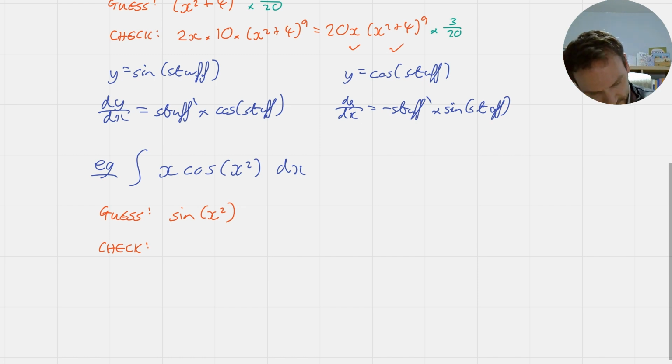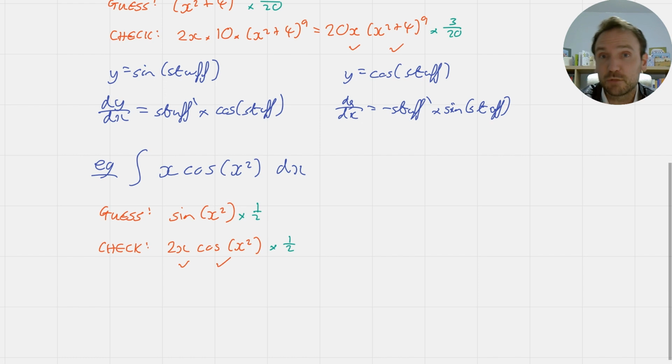We're going to get stuff differentiated, which is 2x, times cos of x squared, which is really pretty close to what we want. We've got a cos of x squared, perfect. We've got the x, perfect. We've got this 2, which we don't want there. So we just wanted one lot of cos of x squared. So ideally, we want to multiply our check by half. So if we multiply our guess by half, again, we're okay because it's only a constant we're multiplying by. That tells us our answer is a half sine of x squared.